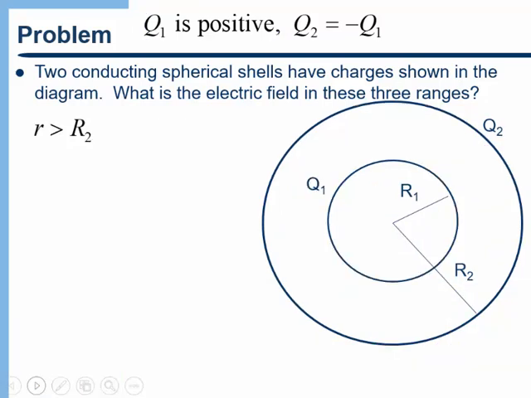As our final example in this video, let's finish the problem by looking at what is the electric field at some distance r where we're now outside both shells. So what is the electric field right here at this point? Notice that because Q2 is negative, we might guess that the electric field at this point is going to be in.